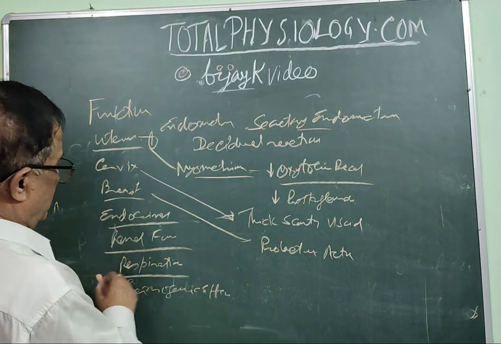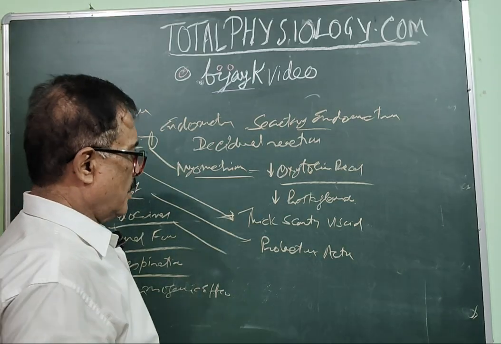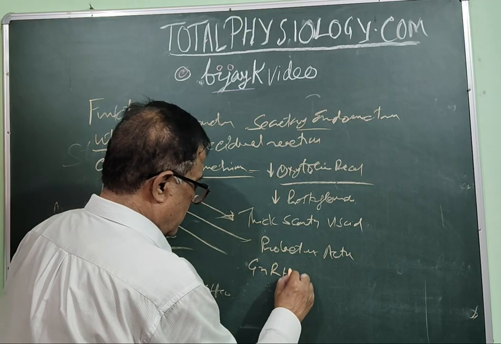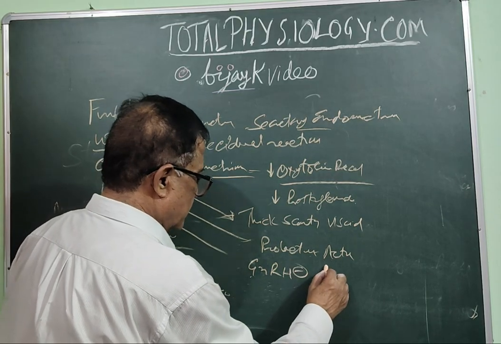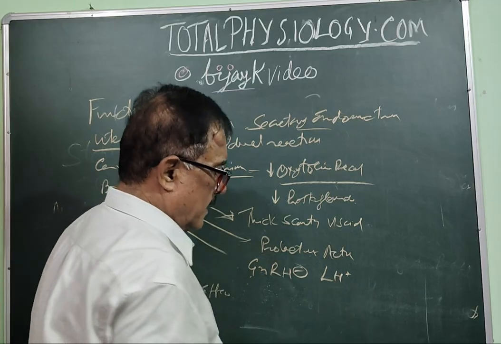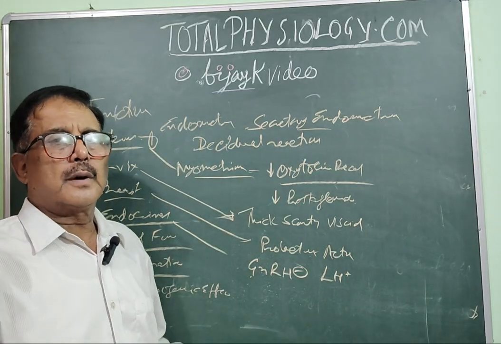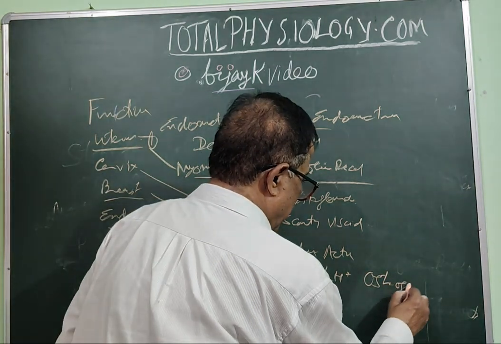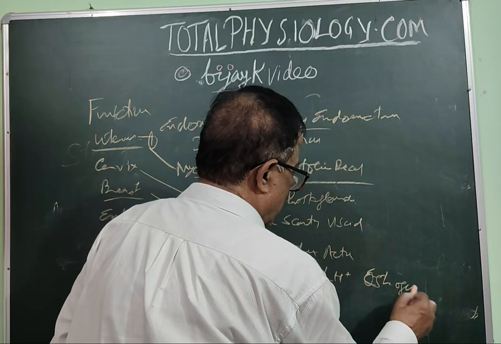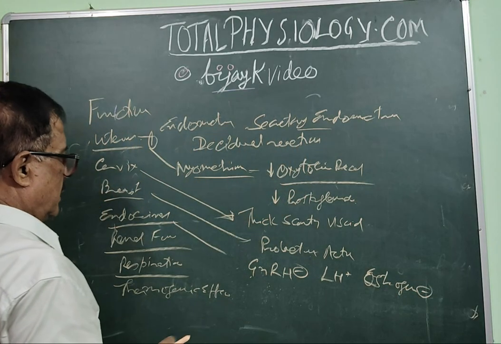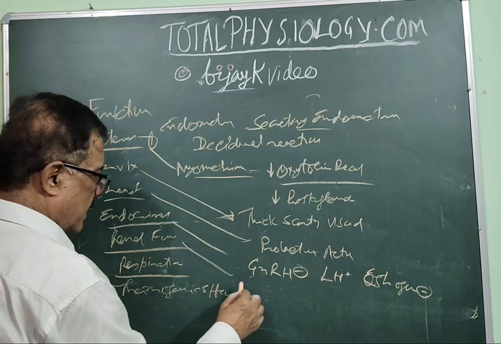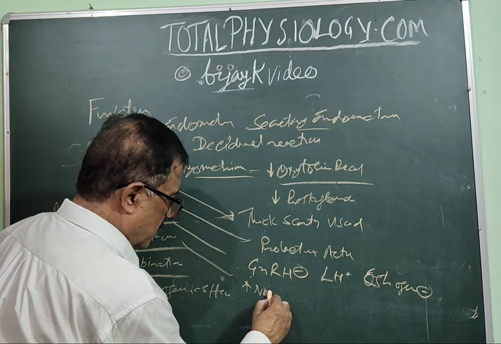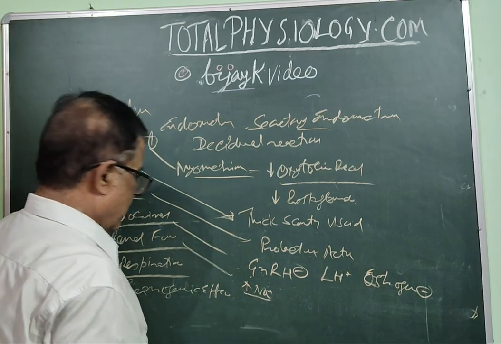Now coming to endocrinal effects. As we have discussed, it has a negative effect on gonadotropin releasing hormone from the hypothalamus and on LH, and it is a mild antagonist of estrogen. On renal function, it causes natriuresis, meaning sodium is lost from the body.